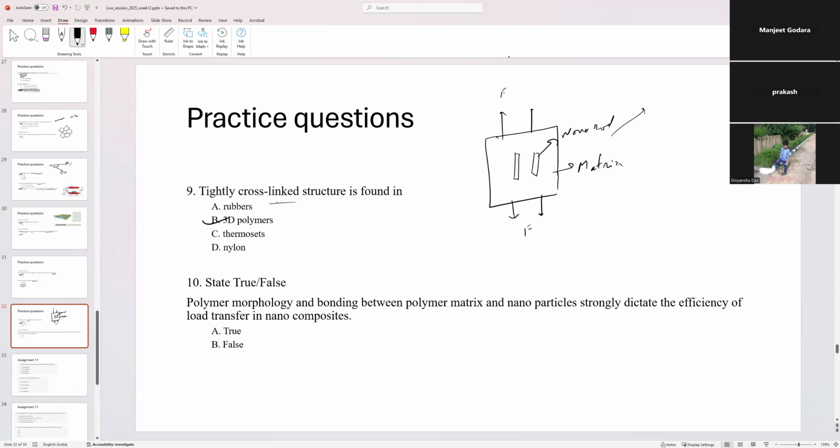So one of two things can happen. Suppose this sample breaks from the middle. One would be the case where the nanorods themselves break. In this case, we have very good bonding between the matrix and the nanoparticles.